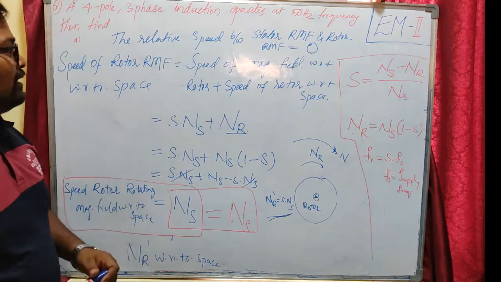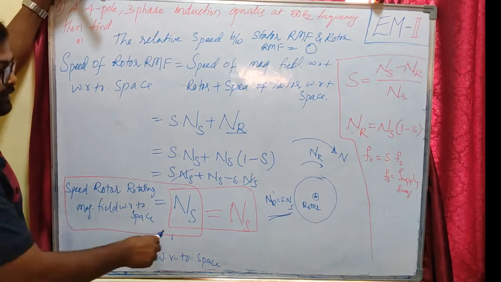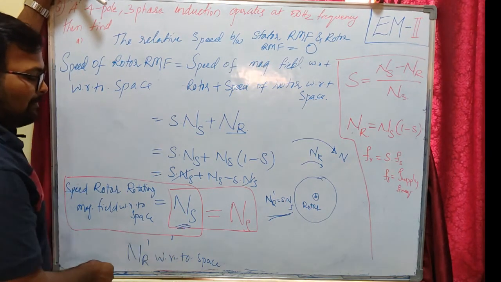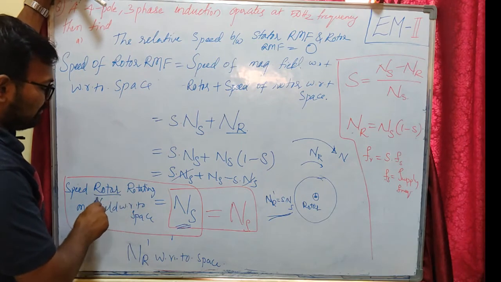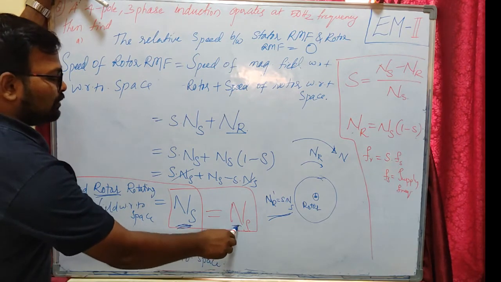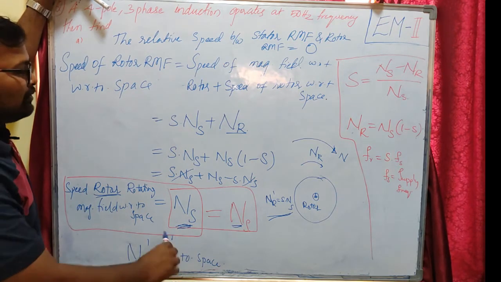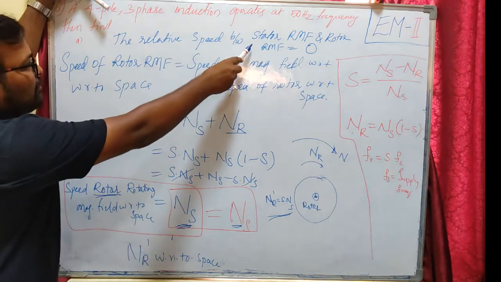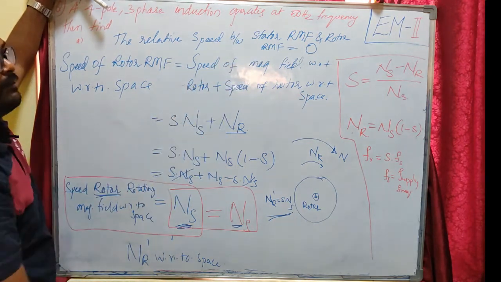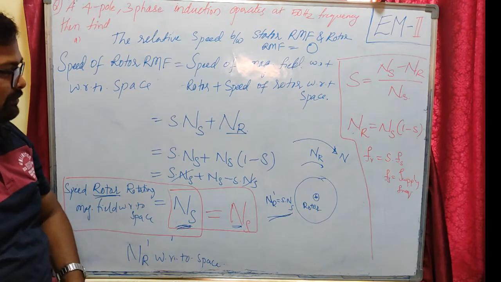So, the rotor rotating magnetic field speed is equal to Ns, which is equal to the stator rotating magnetic field speed, Ns. The relative speed between them is 0. This is what we got till now.